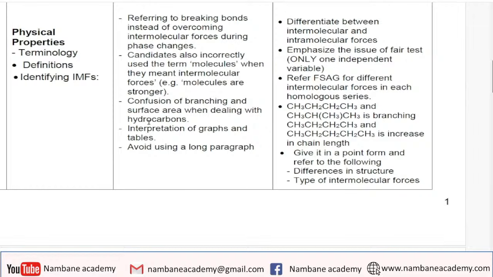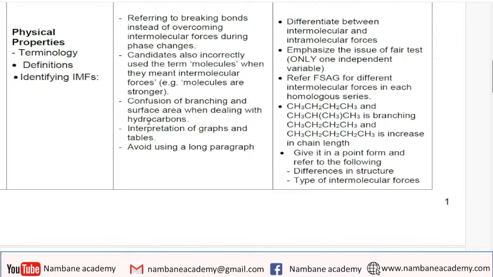Then point number 2, you compare the strength of those intermolecular forces. So point number 1, we mention the type of intermolecular forces. Point number 2, we compare their strength. And then after comparing the strength, you talk to the amount of energy that is required. That is standard. That is how we explain the differences in the physical properties. Always. Please do it like that.